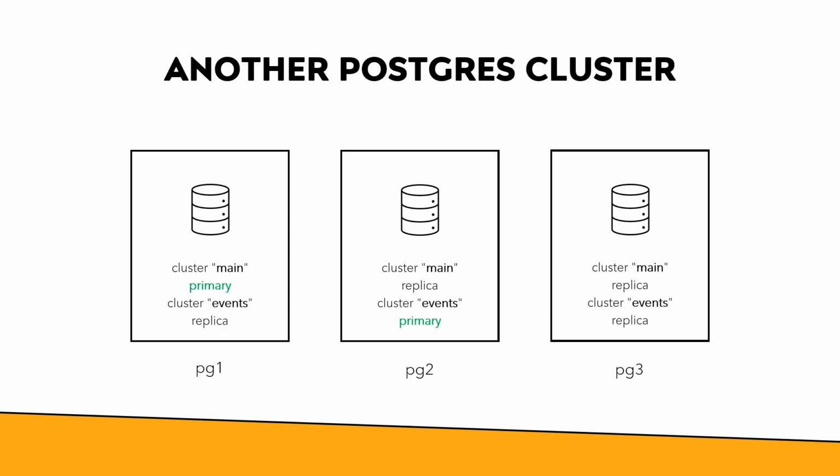So let's look at an example here. In this example, there are 2 clusters. One is called main and one is called events.